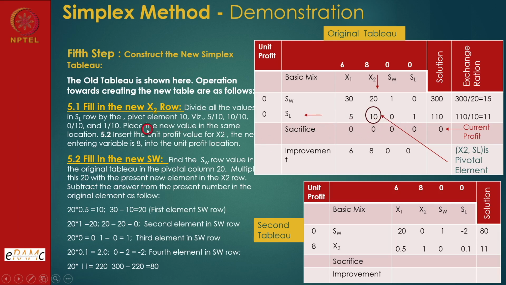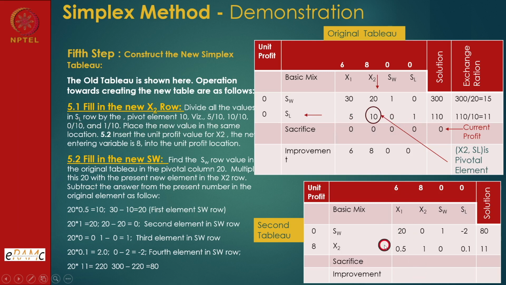So what we do is fill in the new x2 row: divide all the variables by the pivotal element 10. So 5 by 10, 10 by 10, 0 by 10 is 0, and 1 by 10.